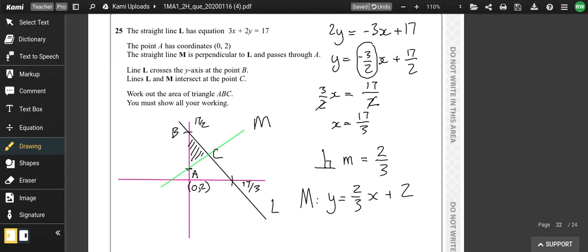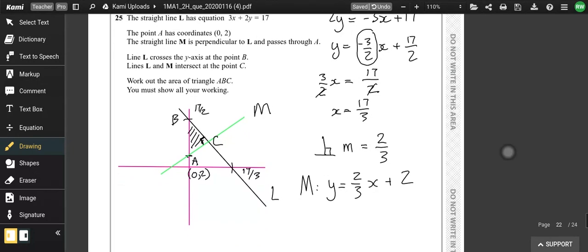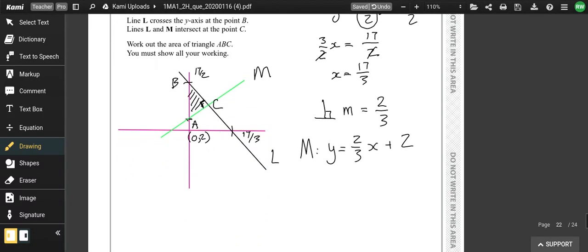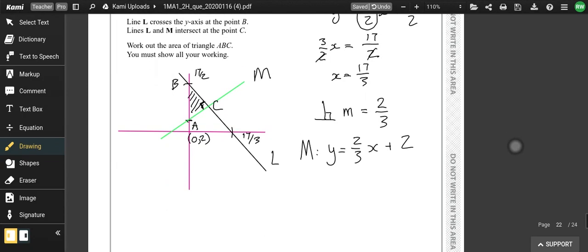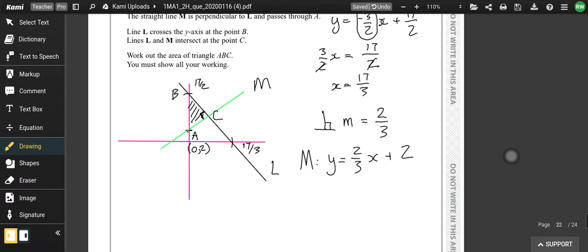Because they cross perpendicular, there's a little right angle in there, and we need the height and the base of the triangle. So we actually need to find out point C as well. Goodness me. Yeah, there's no other way of doing that.